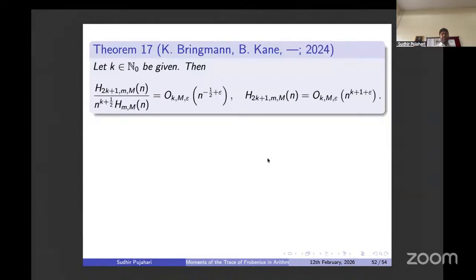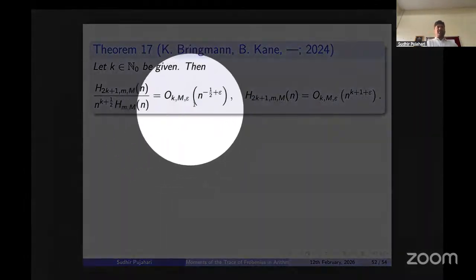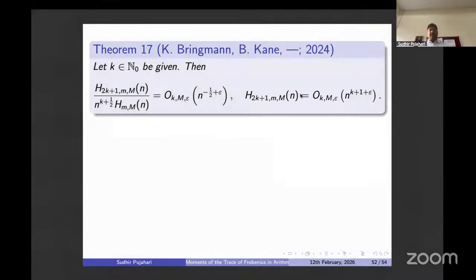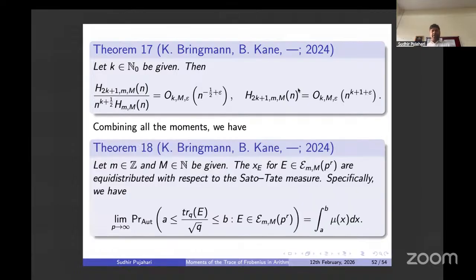How can you obtain that? Again, by going back to the odd moment of the Hurwitz class number. So we studied the odd moment of the generating function of the Hurwitz class number, and we saw the main term is 0. And again, using the relations due to Birch and later due to Eichler, we can show that the main term is 0.